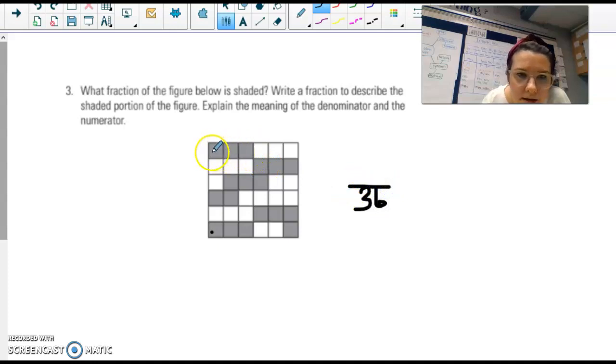All right, and I have 3 plus 3 is 6, 9, 10, 11, 12. I'm going to grab that one right down there. 13, 14, 15, plus 3 more is 18. 18/36 would be a fraction that would describe this figure below.